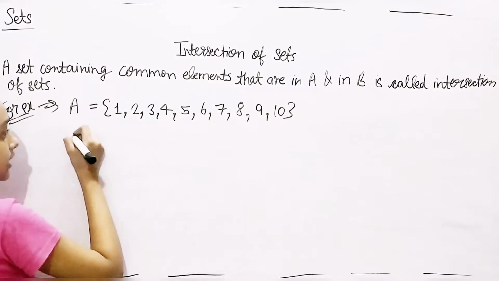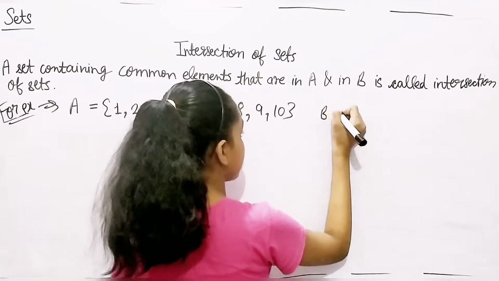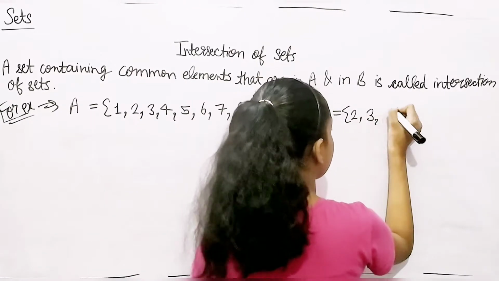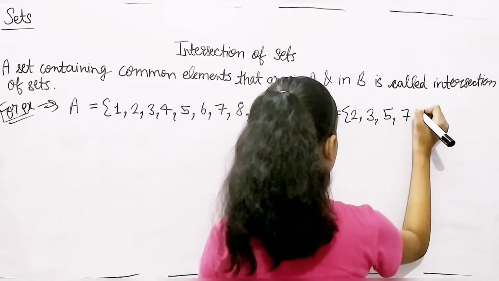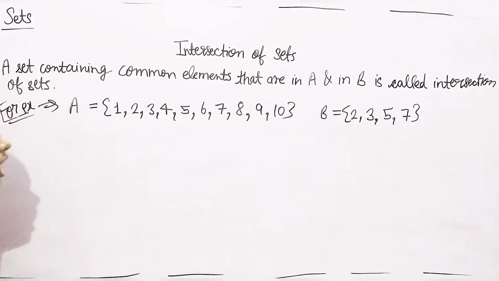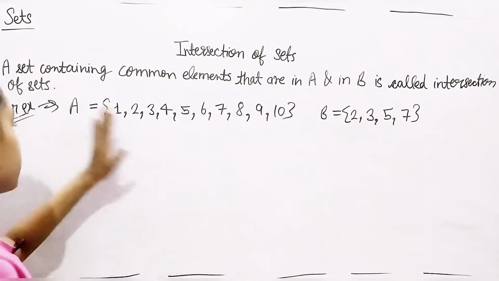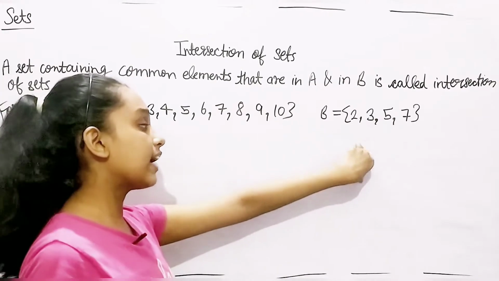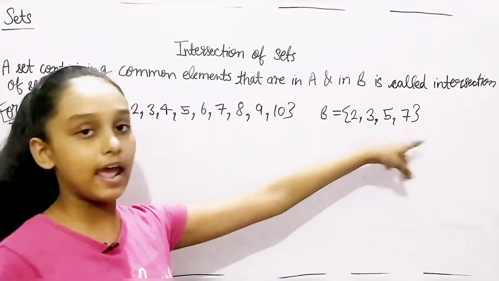And in set B we have elements 2, 3, 5, and 7. So in set A we have elements 1, 2, 3, 4 till 10, and in set B we have 2, 3, 5, 7 as the elements.